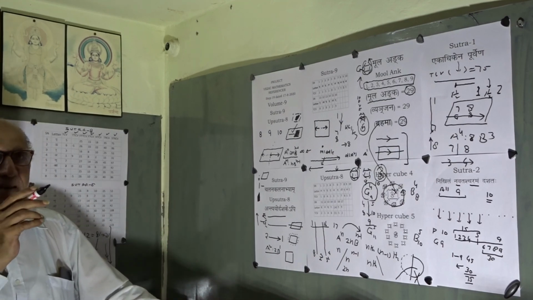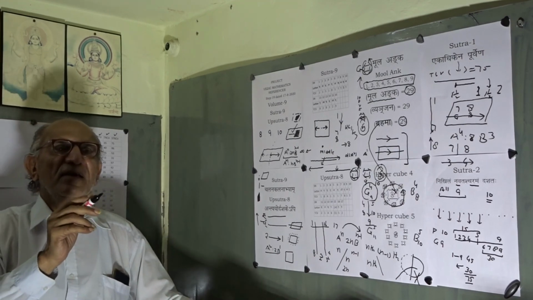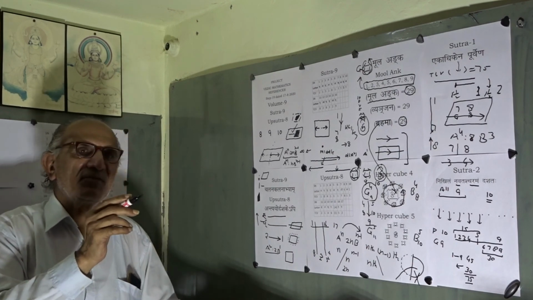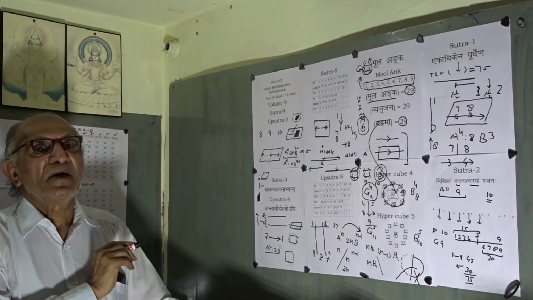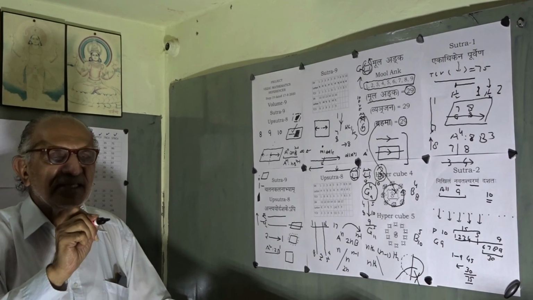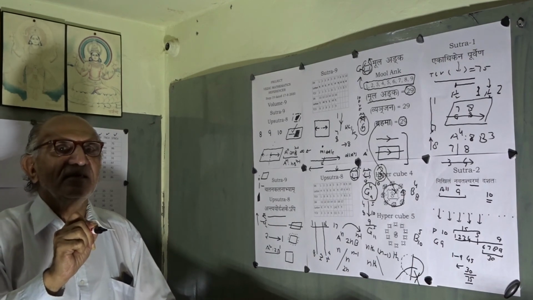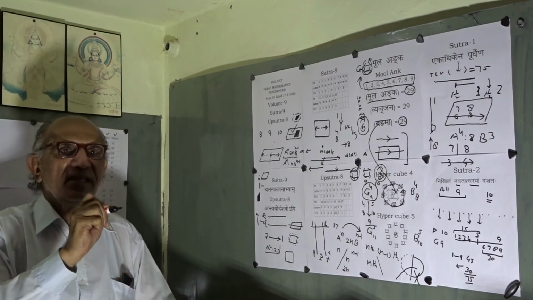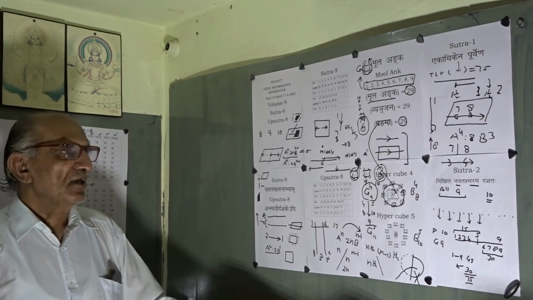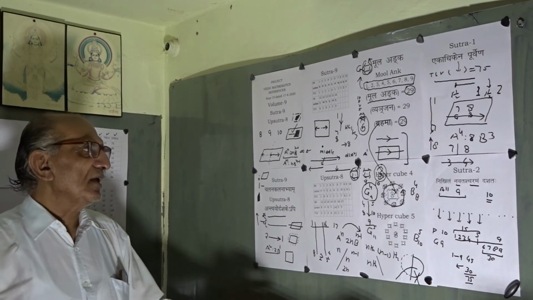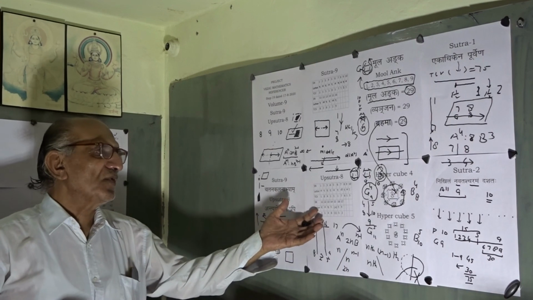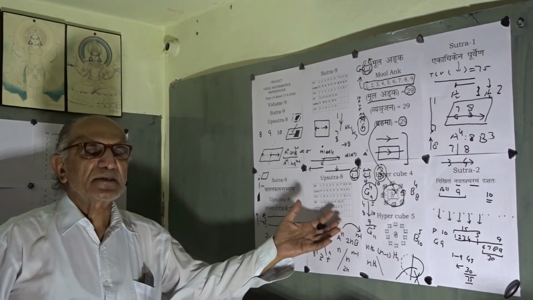So every number is having its distinctive geometric format, and it is this distinctive format for the number value which in a way can be said to be the special feature of the mathematics.